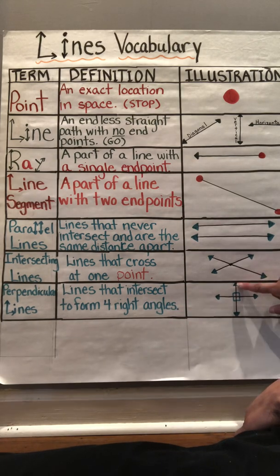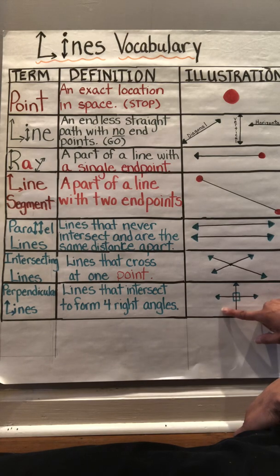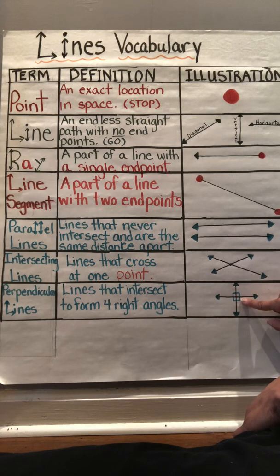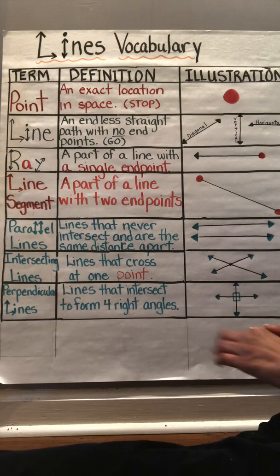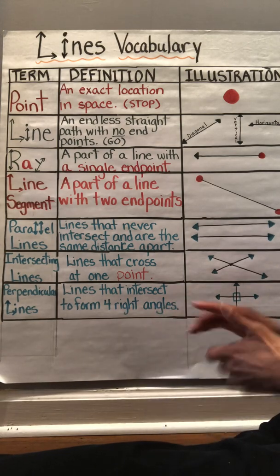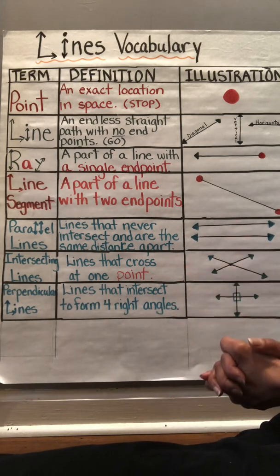So here I have a vertical line, I have a horizontal line. They intersect each other, which means they touch, and in the corner of each of those parts, you can see a perfect square, or you can see a right angle. And we're going to talk about right angles in chapter 12.